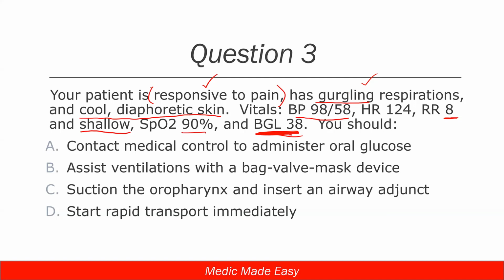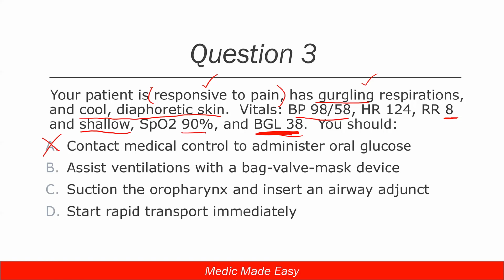And we said if they're very altered and can't protect their own airway, I don't even need to bother contacting med control to ask if I can give them oral glucose. Med control is going to say, are you out of your mind? No, don't put anything in their mouth and get them here as quick as possible. All right, so we're not even going to try to ask to give oral glucose if they're responsive to pain, with gurgling respirations and slow and shallow respirations. Just not going to happen.